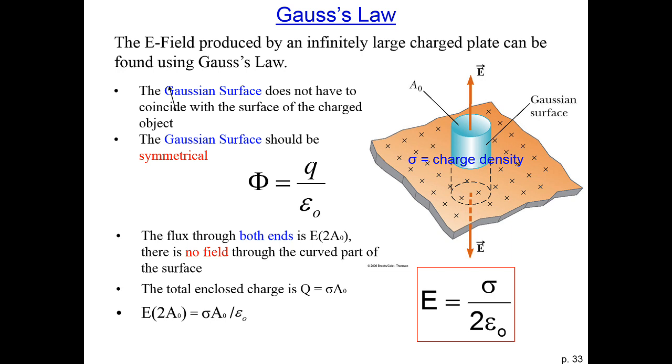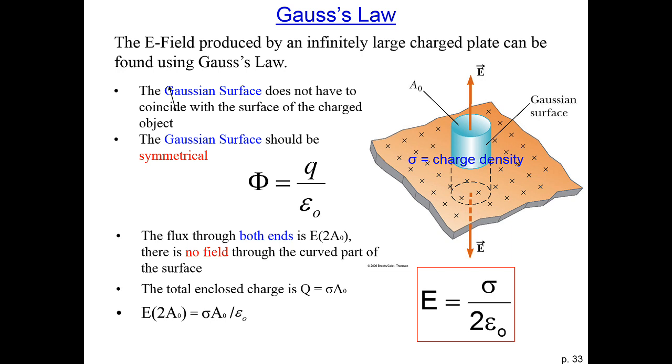So that means we need to figure out the shape of the surface that we want to use, this Gaussian surface, and the amount of charge that is inside of this surface. We want a surface that is symmetrical, so we're going to choose our surface as a cylinder that goes through the sheet, and it has an area that extends through both sides of the charged sheet.